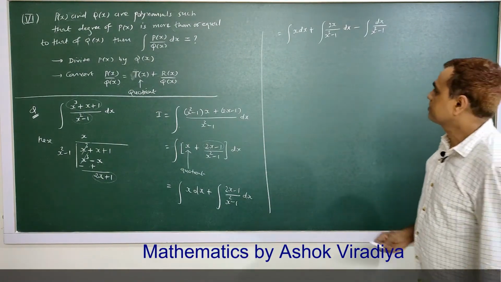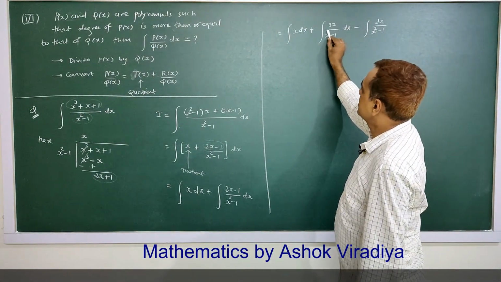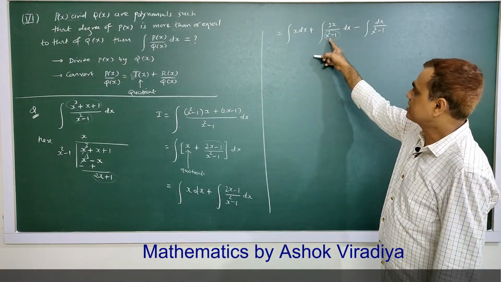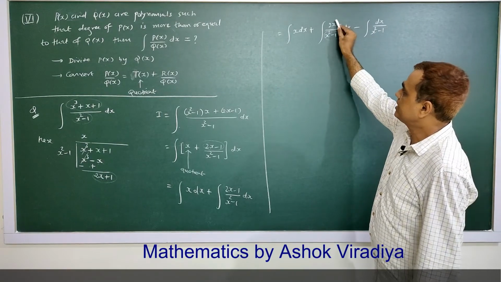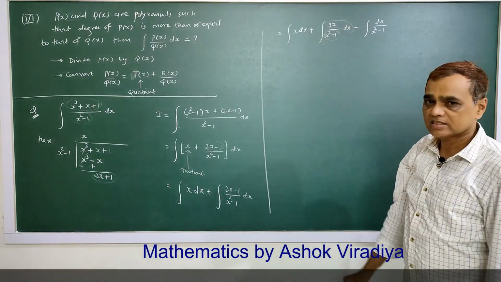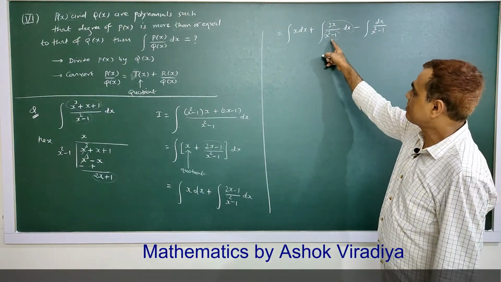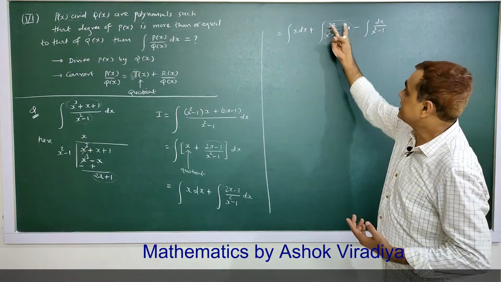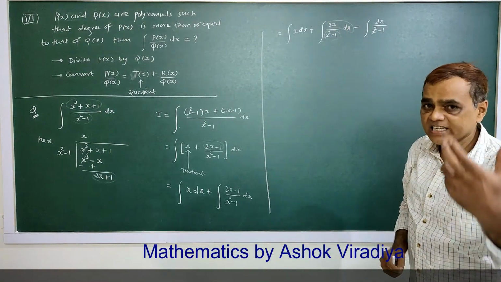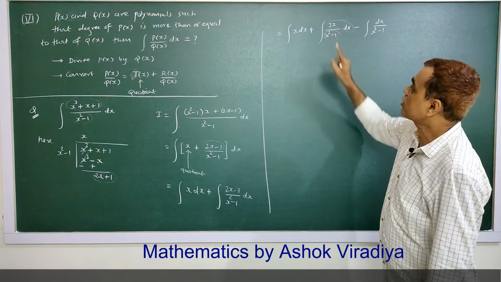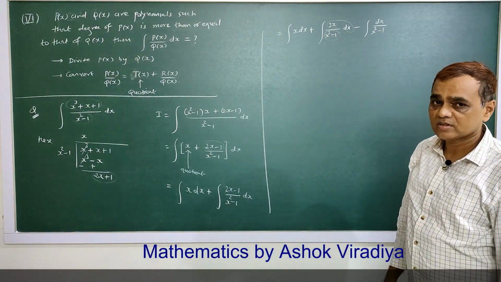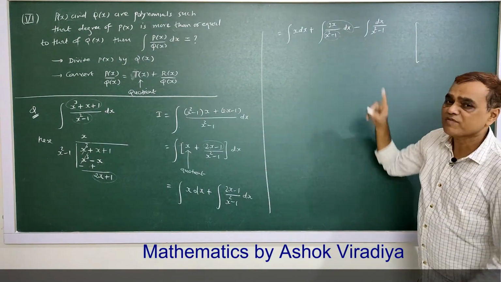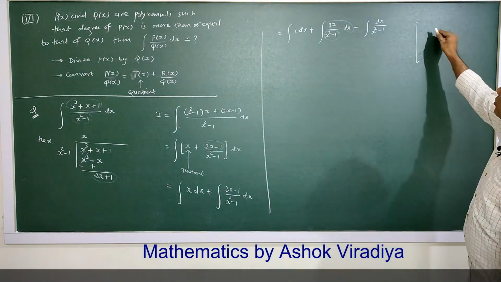Now see here, if x square minus 1 is t, then 2x dx will be dt. So it will be dt by t. So its integral will be log of modulus of this number. So remember, now in such type of integrands, we use this rule.